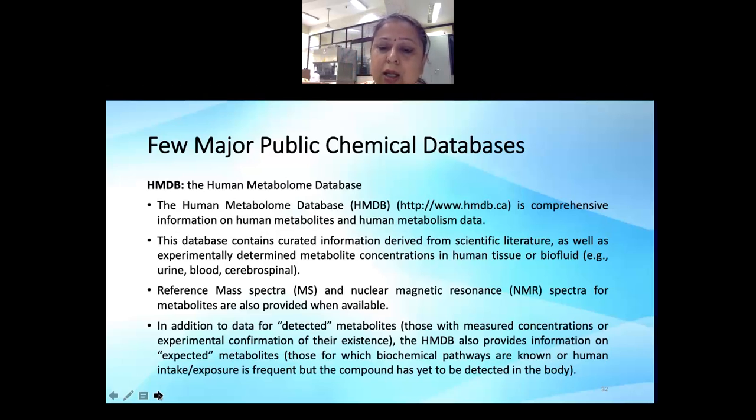Reference mass spectra and nuclear magnetic resonance spectra for metabolites are also provided when available. In addition to data for detected metabolites, which have measured concentrations or whose experimental confirmation of existence is present, the HMDB also provides information on expected metabolites, those for which biochemical pathways are known or human intake exposure is frequent, but the compound has yet to be detected in the body.